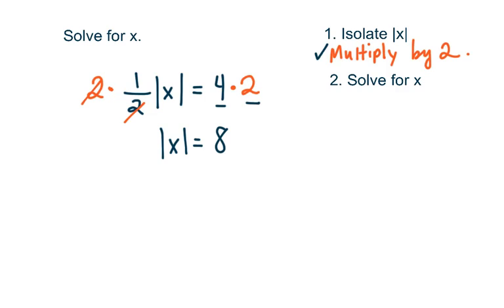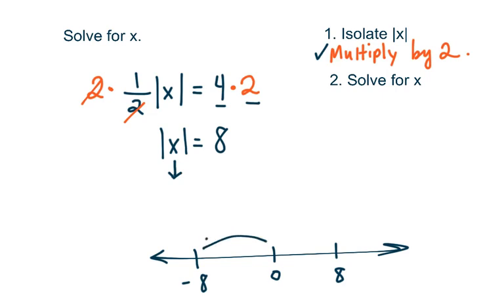I need to think about, what does this mean? The absolute value of x is equal to 8. That means the distance between 0 and x is 8. So on the number line, it could be either -8 or it could be 8.